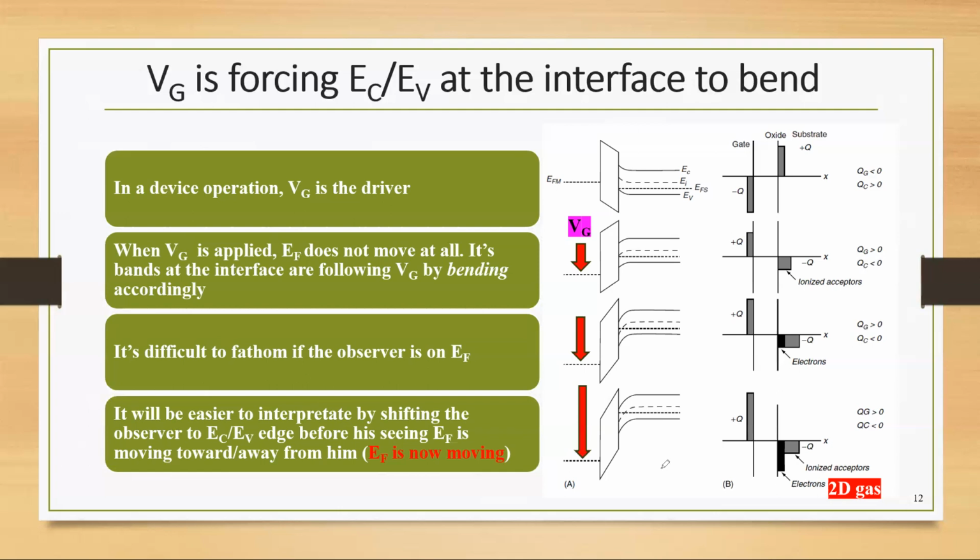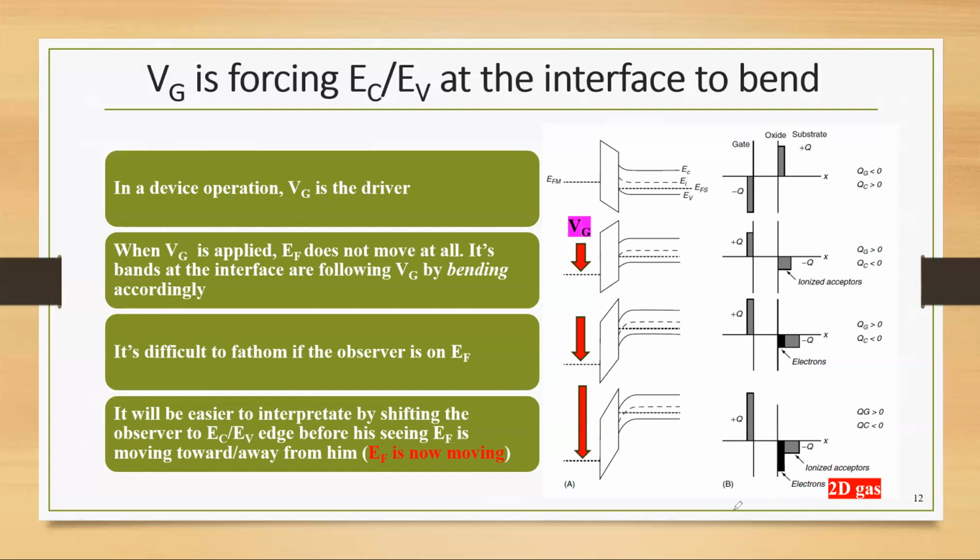This is a basic CMOS, how it works. You have inversion. We describe that if the band bending is greater than 2 times the surface potential, 2φB, then it will form a 2D electron gas. Wow, nice. So what's the benefit of forming the 2D gas?